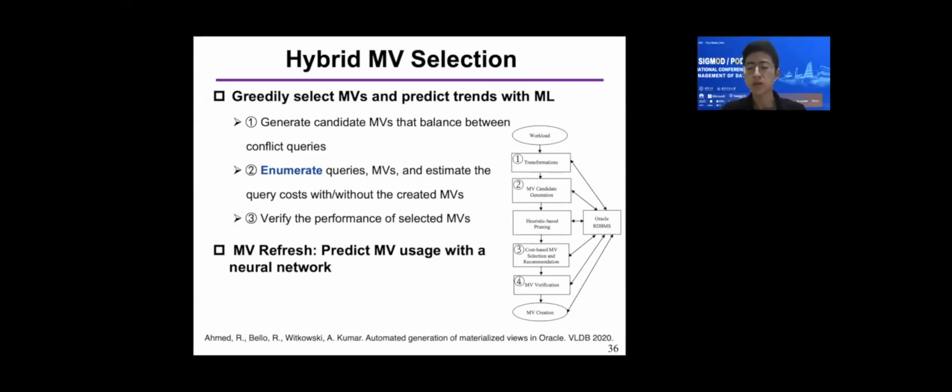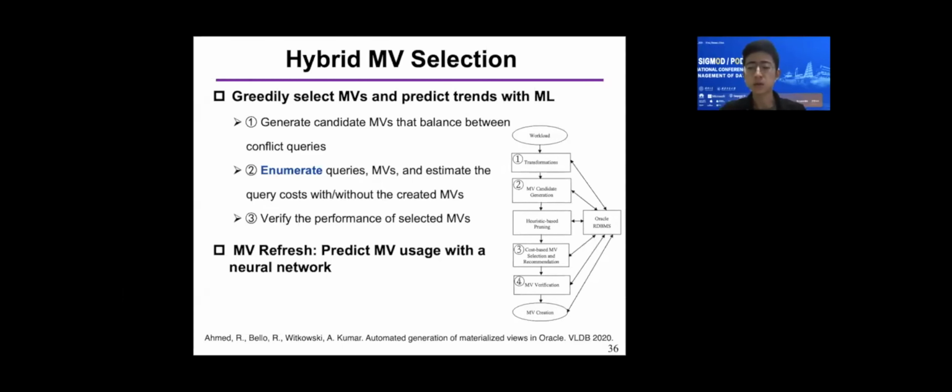Finally, it selects the MVs with maximum cost reduction to actually implement. Besides, it also provides MV refresh, which predicts MV usage with a neural network. And if the usage has degraded to a threshold, they will drop the MVs.